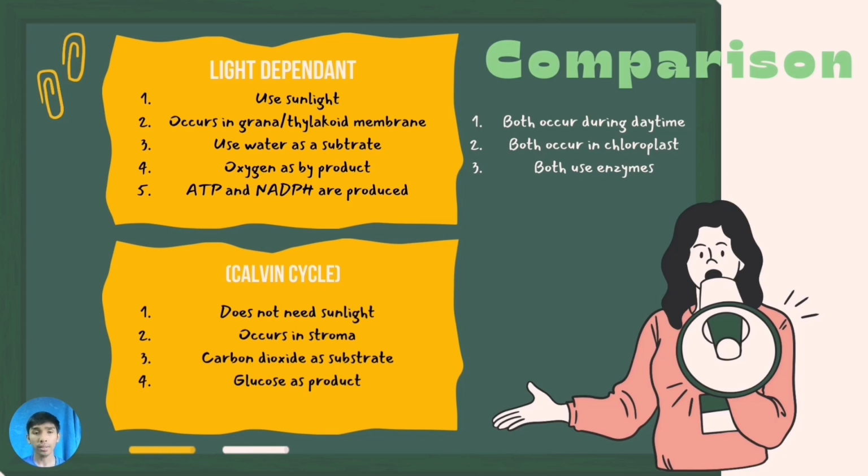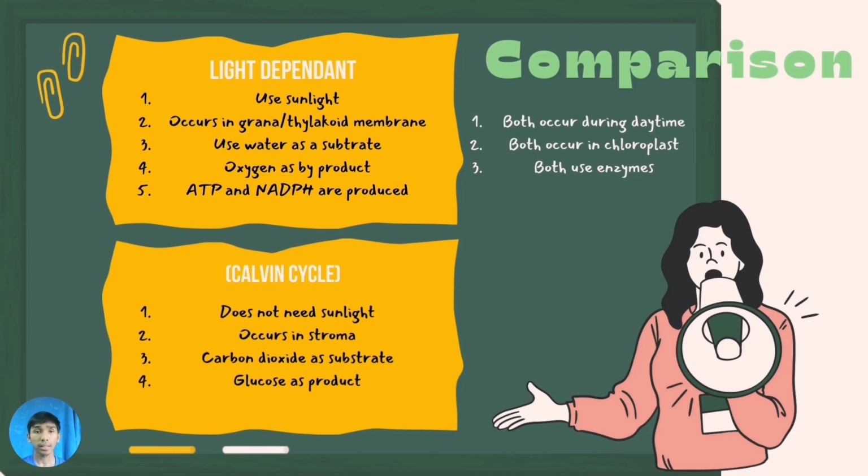For the differences, the first one I will talk about is light dependent. The light dependent uses sunlight and it occurs in grana or thylakoid membrane. It will use water as a substrate and the product is oxygen. The light dependent will produce ATP and NADPH to use in the Kelvin cycle process. Next, the Kelvin cycle.